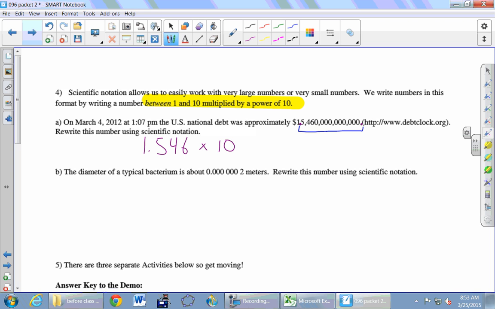So then up here, I'm going to put a 13. And that's it. 1.546 times 10 to the 13 is the same as 15,460 billion. Because we know that multiplying by powers of 10 is really easy, right? Multiplying by 10 to the 13 just says, take that decimal point and move it 13 places to the right, which is exactly what the answer is supposed to be.